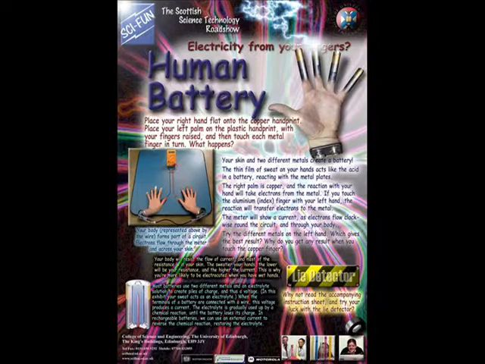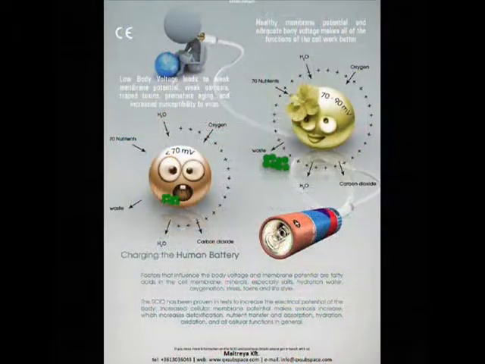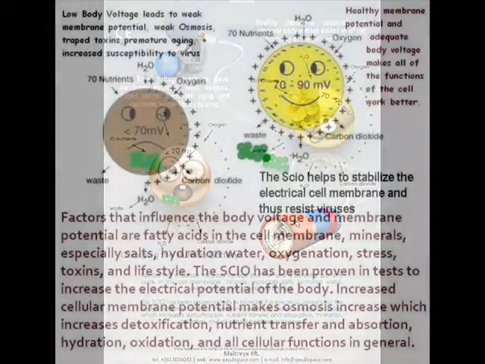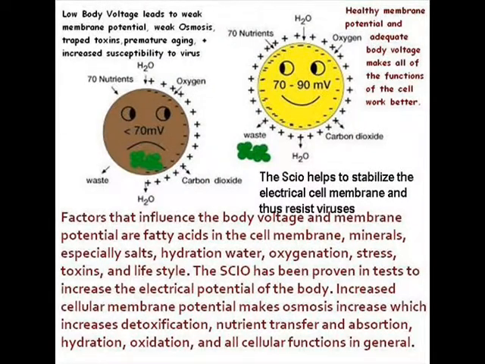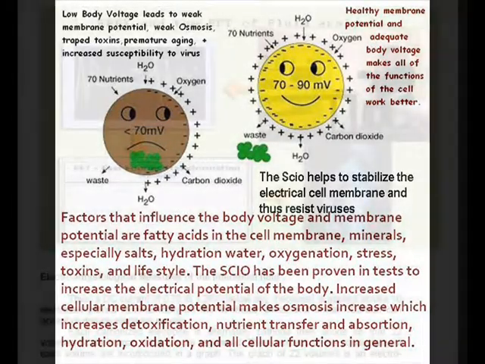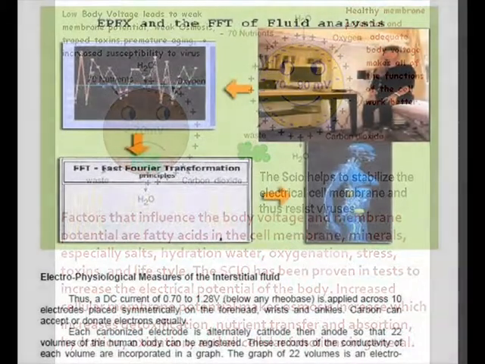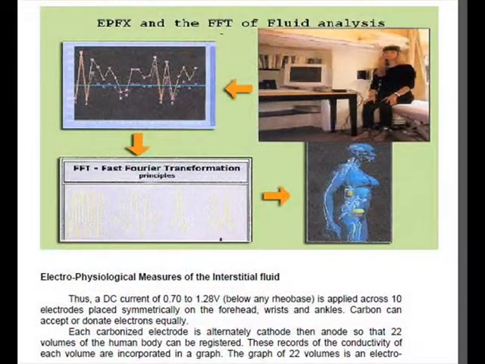There is such a thing as the human battery. The different cells all have to have a cellular charge across the membrane. If that gets weak, we get sick. If it gets very strong, then we get maybe too sick. But there's a balance factor that allows us to work with biology.